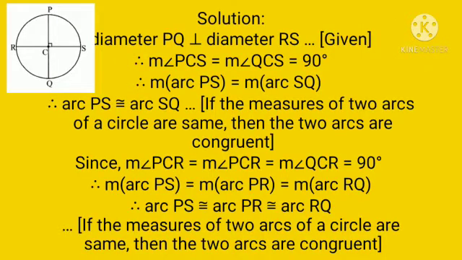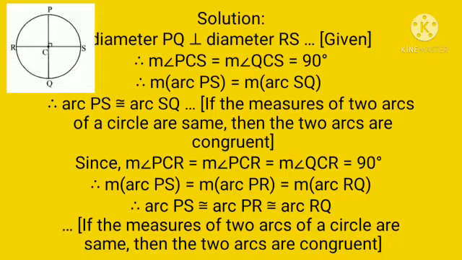Solution: diameter PQ is perpendicular to diameter RS. This is given. Measure of angle PCS is equal to measure of angle QCS, that is 90 degrees, as both the diameters are perpendicular to each other, hence the angle formed is 90 degrees.